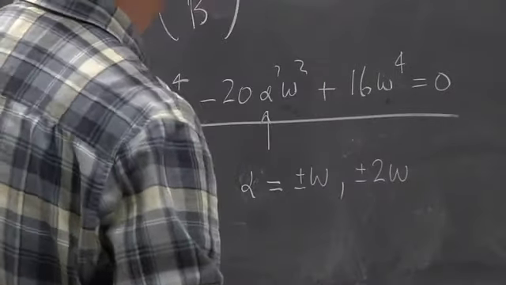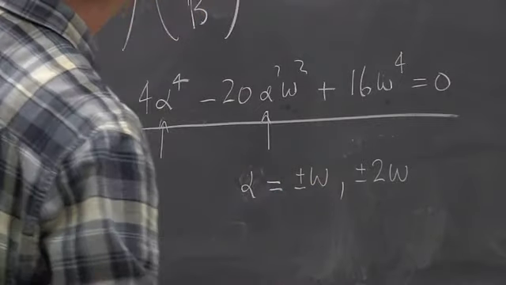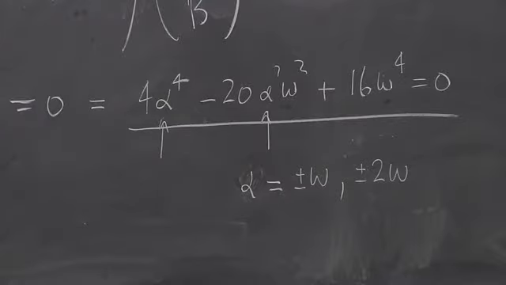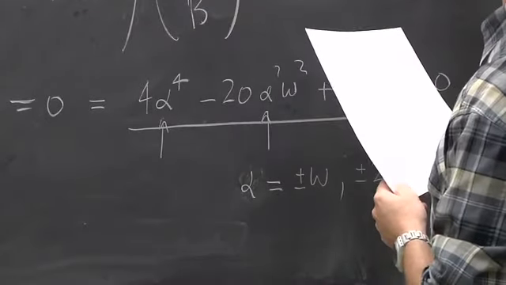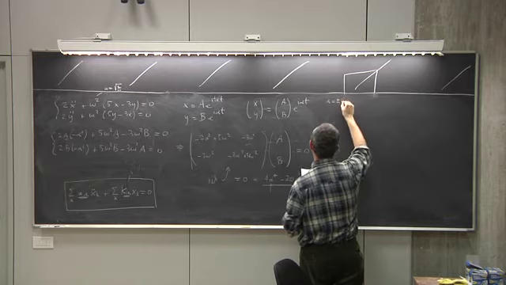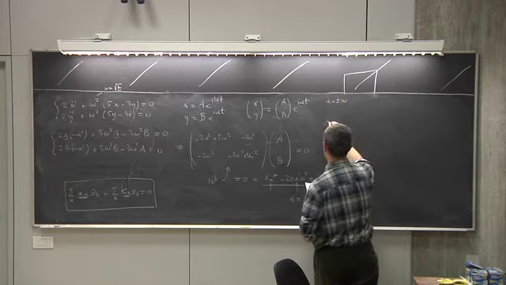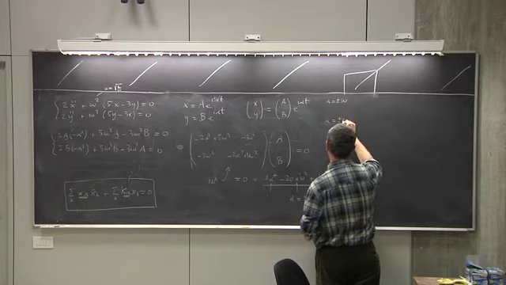So if alpha is equal to one of these values, then you have a 0. That means you have solved your equation. Therefore, you are going to have two solutions. One for alpha equal to plus minus omega, and the other one for alpha equal to plus minus 2 omega.